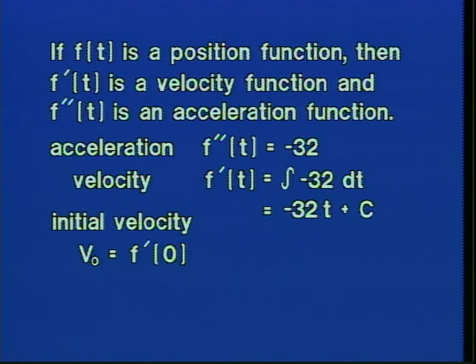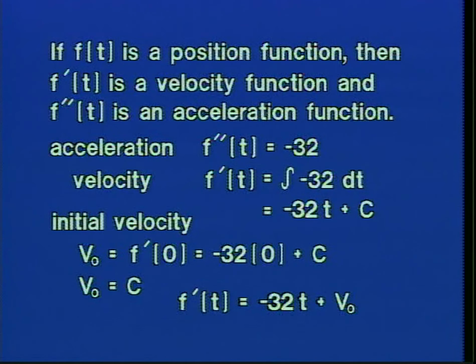So the initial velocity, or v0, is really f prime of 0. It's really this velocity function when time is 0. And f prime of 0 means replace that t with 0 and evaluate, and then we find C then to be v0. So if v0 is C, we can rewrite our velocity function like this, as negative 32t plus v0.